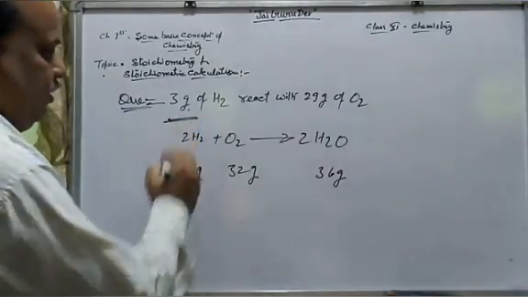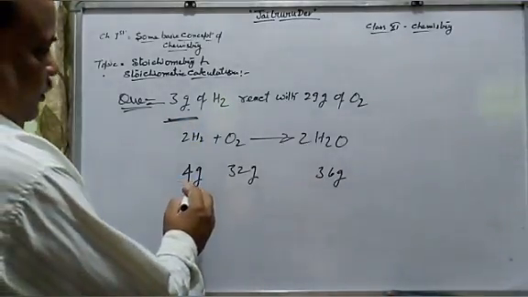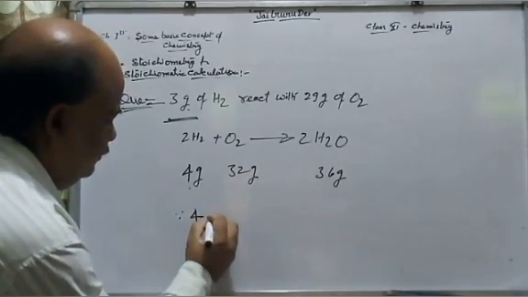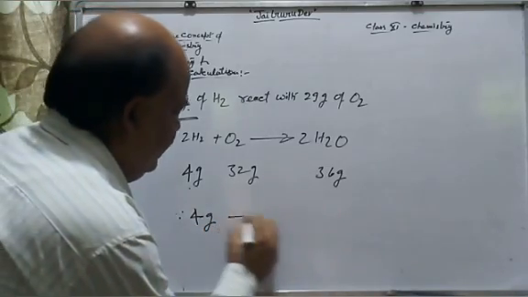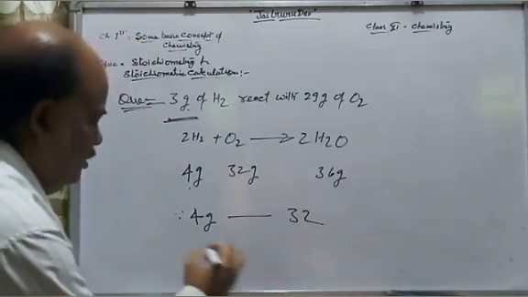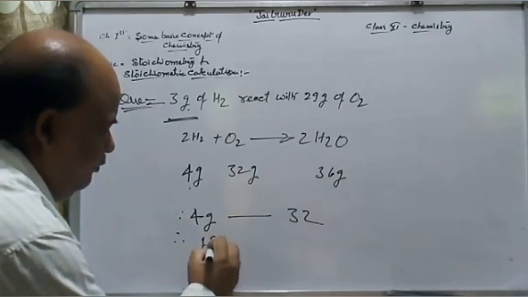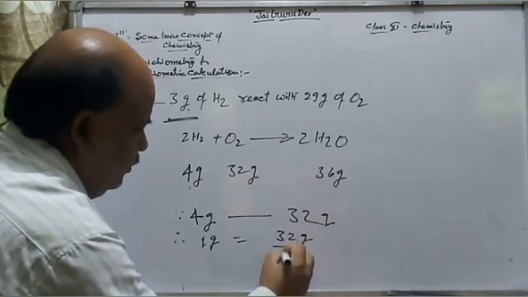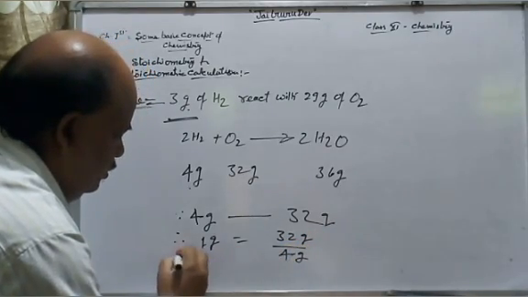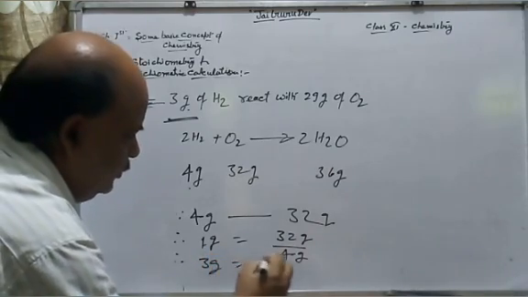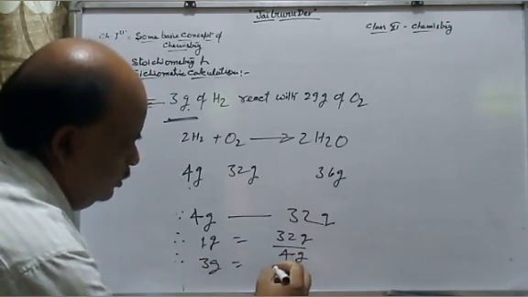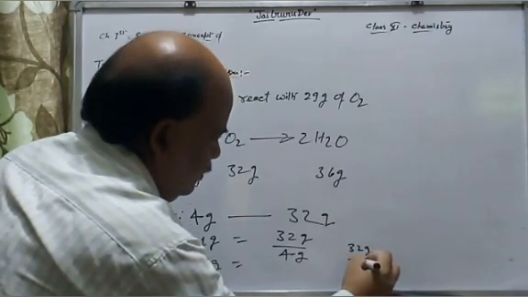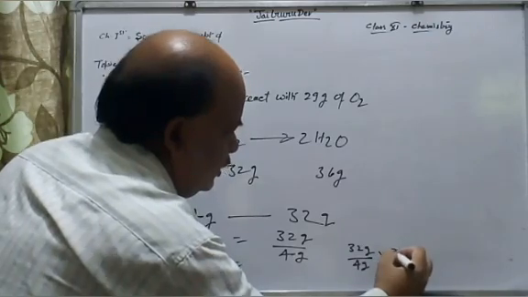Here 3 gram of hydrogen, 4 gram of hydrogen reacts with 32 gram. So 1 gram, 32 gram upon 4. So 3 gram, 32 gram upon 4 gram into 3.